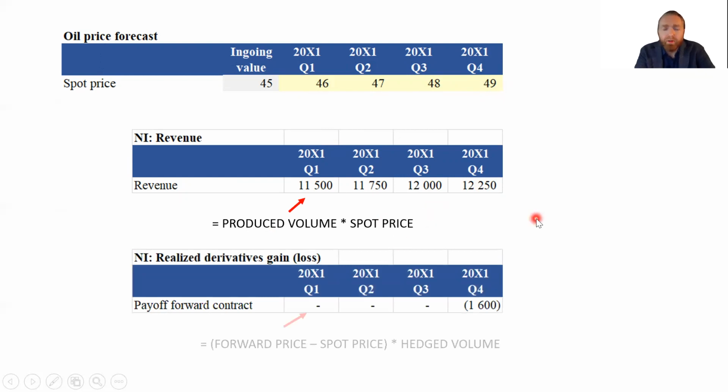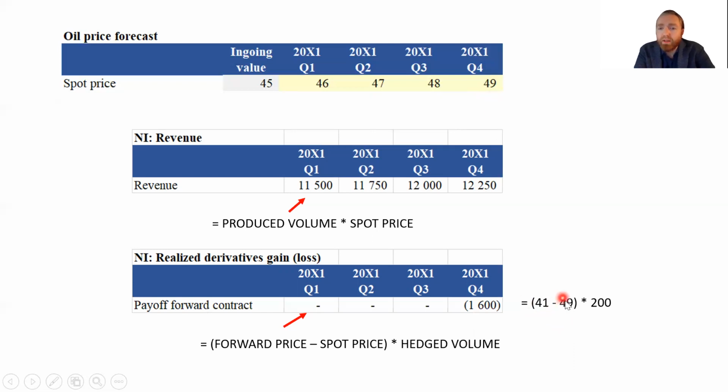And we also need to model the hedged payoff then, which, in the case of a forward price, is whatever you've locked in less what the spot price turned out to be, and you multiply that with the hedge volume. So in our case, we have locked in 41 by assumption; that was the forward rate available to us at the time. In this scenario, it's 49.